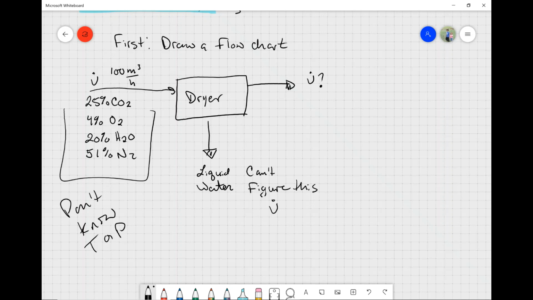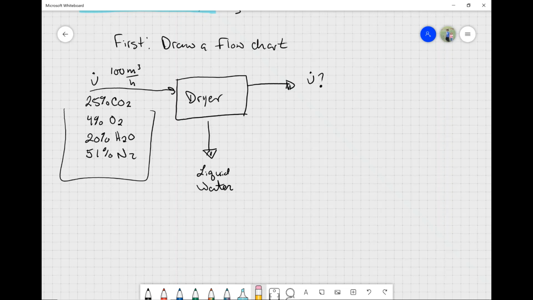If we knew those, for an ideal gas at STP, and this composition is going to be the same regardless, we probably could figure this V out.